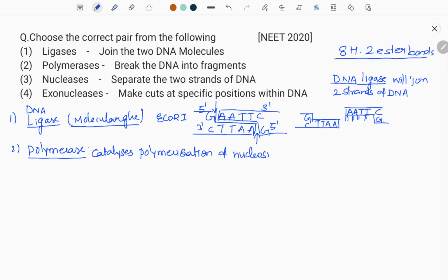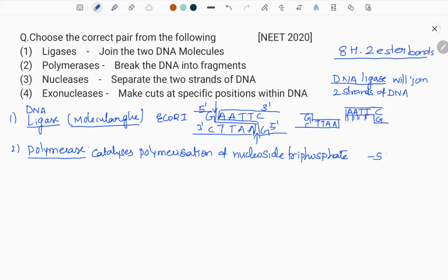Nucleotide, you must be knowing, that is sugar plus phosphate plus nitrogen base, is called a nucleotide. In fact, they cause polymerization of nucleoside triphosphate. What are nucleoside triphosphates? Let us see, this is sugar.